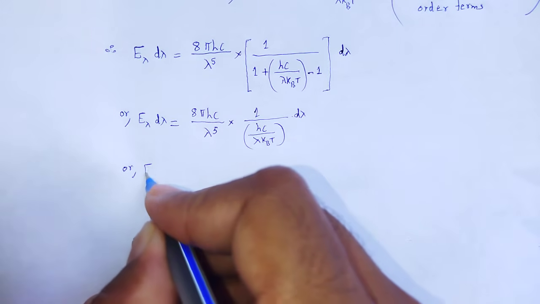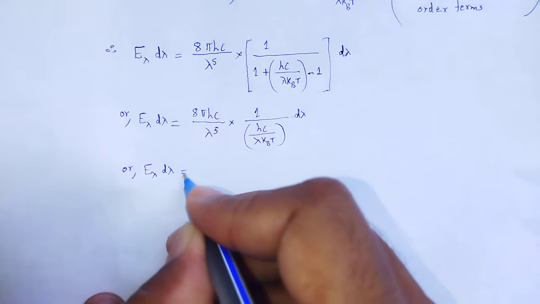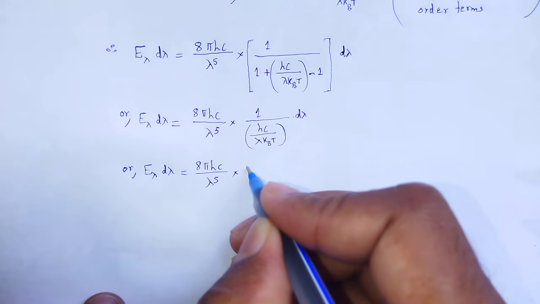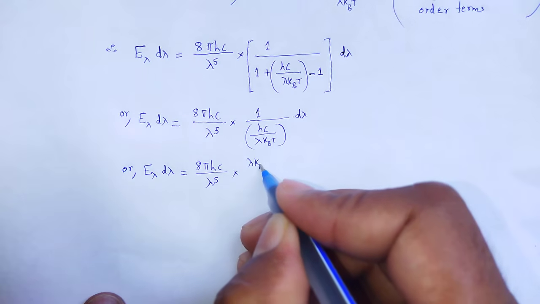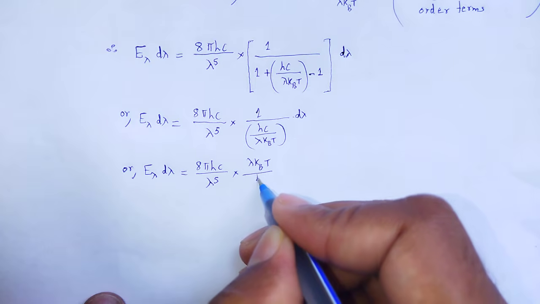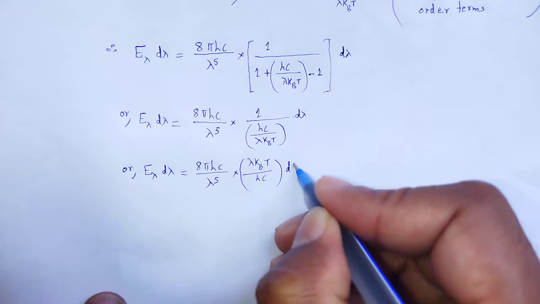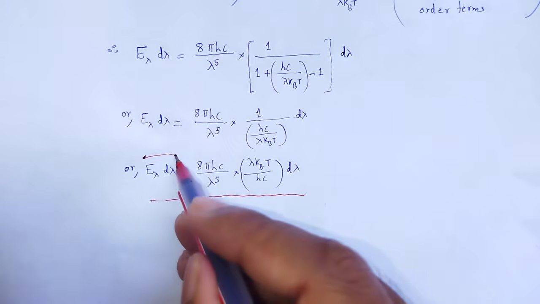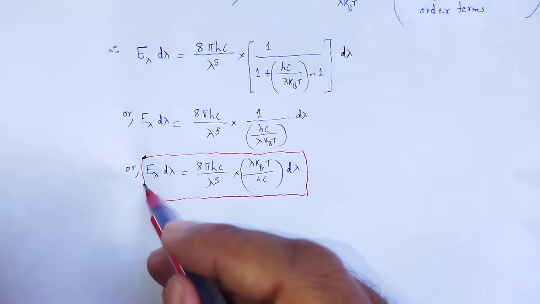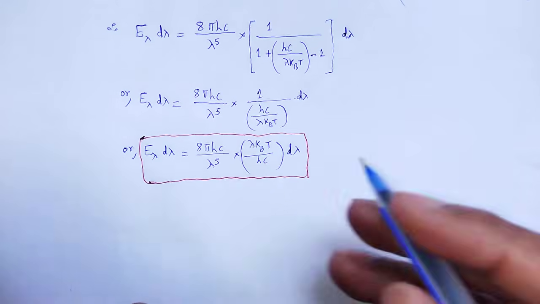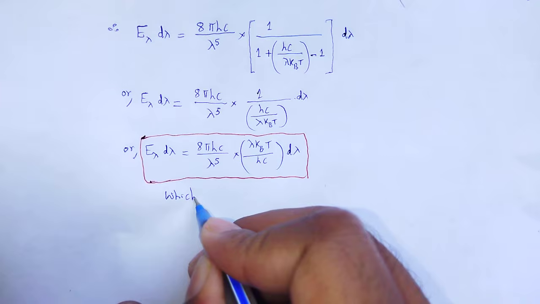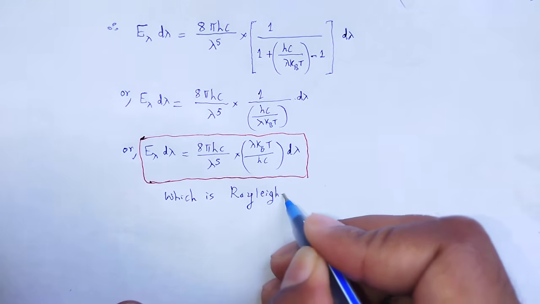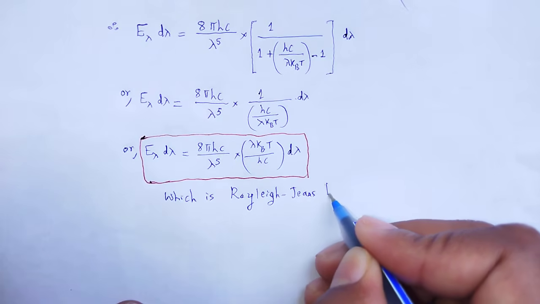Therefore, E lambda d lambda is equal to 8 pi h c divided by lambda to the power fifth into lambda kBT divided by h c, d lambda. That is nothing but the expression of Rayleigh-Jeans law.